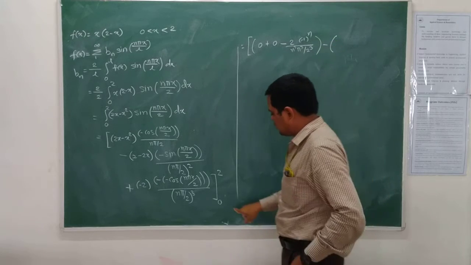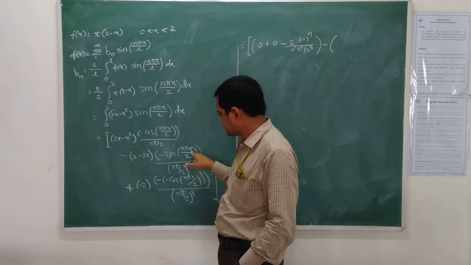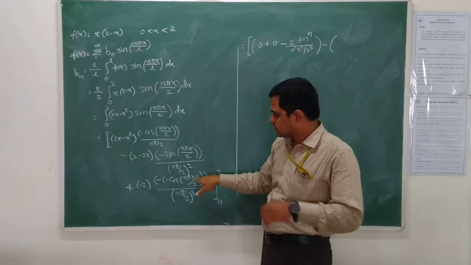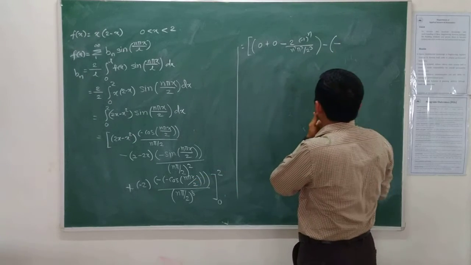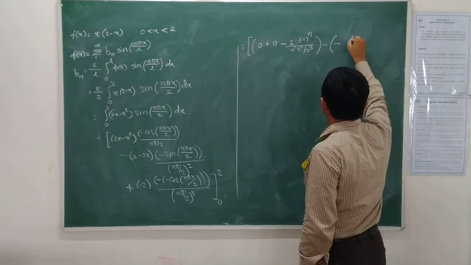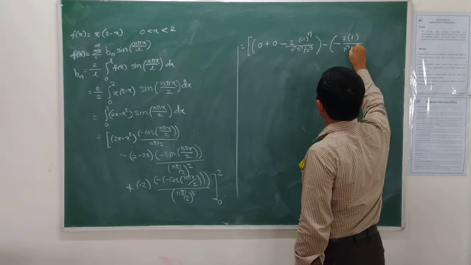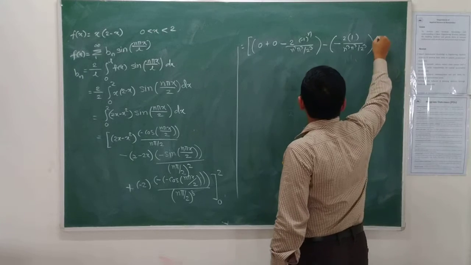Minus the lower limit. The lower limit is 0. When I substitute 0 here, this term is going to be 0. When I substitute 0 here, this is also going to be 0. When we substitute 0 here, only this term will survive. Minus minus minus becomes minus. Cos 0 will be 1. So 2 into 1 divided by n cube pi cube upon 2 cube we get.